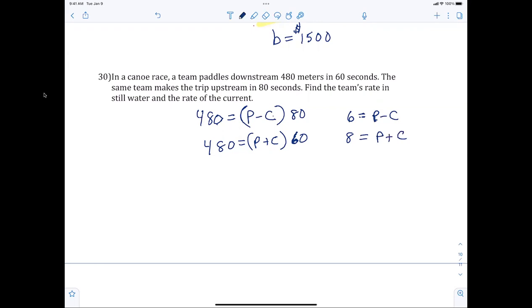Now, it's nice because it's positive and negative, right? Are we adding? Here you guys, it's the water. 14 is equal to 2P.